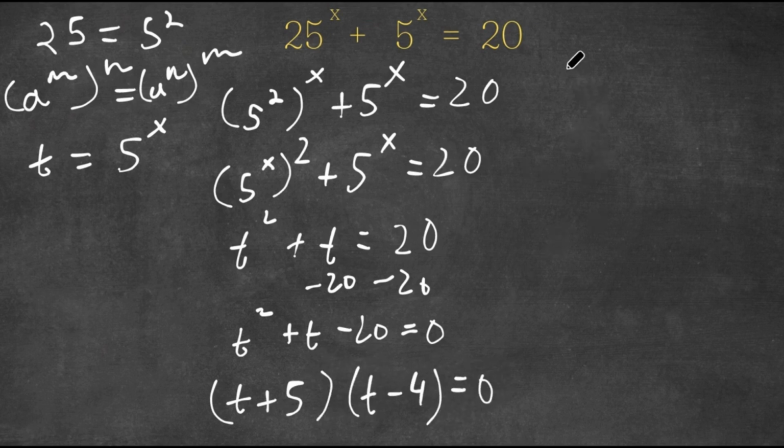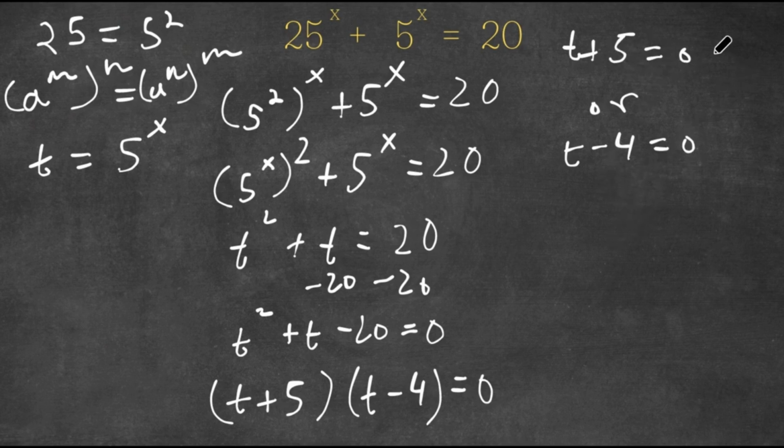And this gives me two equations. I have t plus 5 is equal to 0, and I have t minus 4 is equal to 0. For t plus 5, this means that t is equal to negative 5. And for t minus 4, this means that t is equal to positive 4.